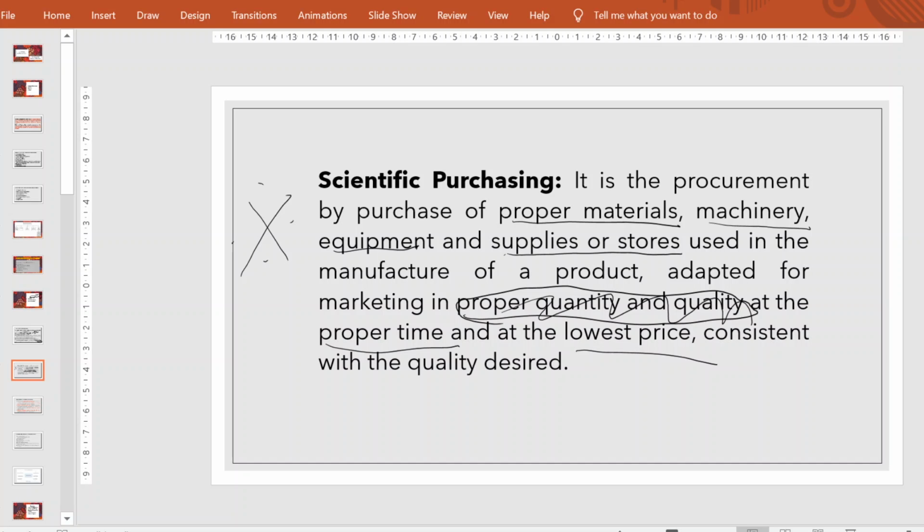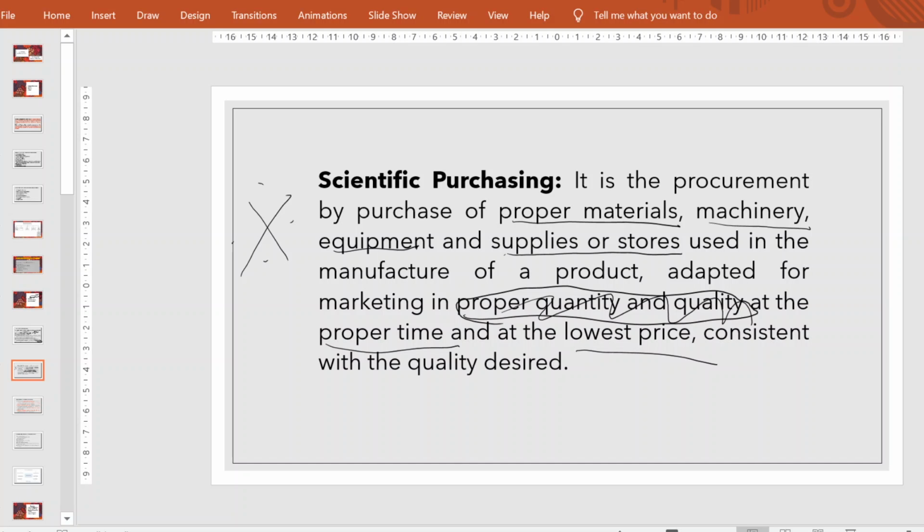Now, next one is what is the importance of scientific purchasing? Rather than going to the next slide, just let me tell what are the points which we had already discussed in the class. To just brush up on that, I will tell. First one is to buy right quality of material, which will ensure that there is zero defect in your final product.